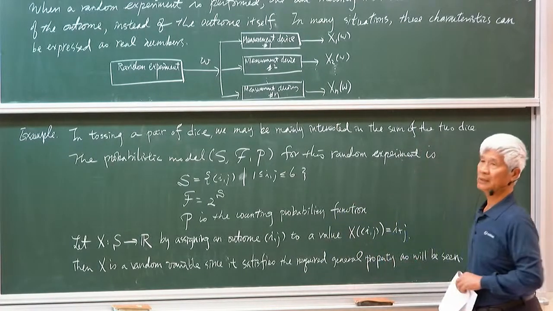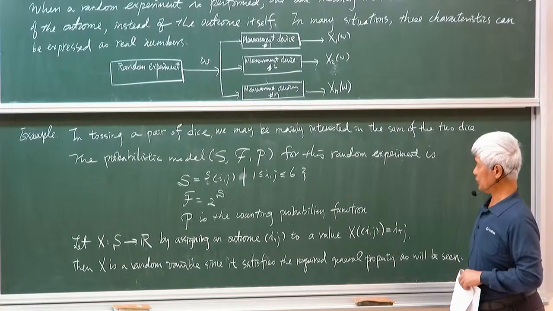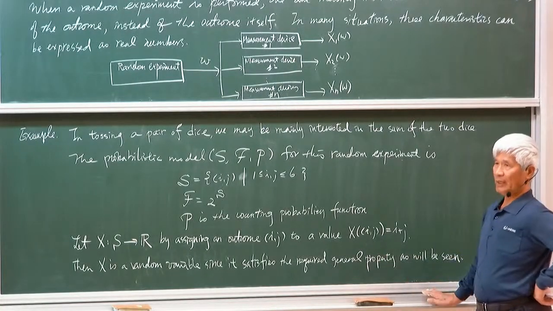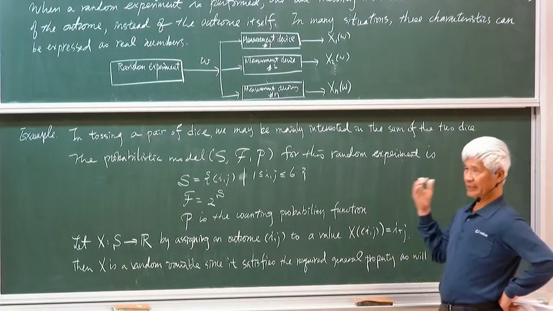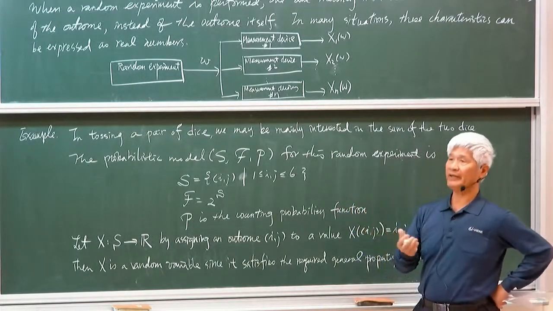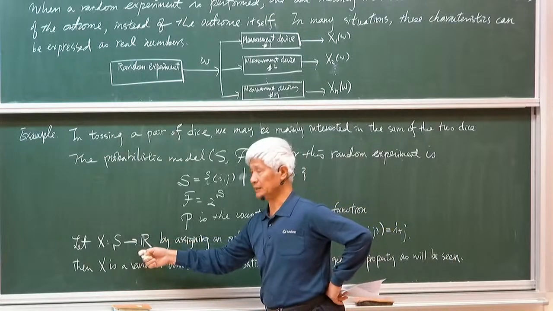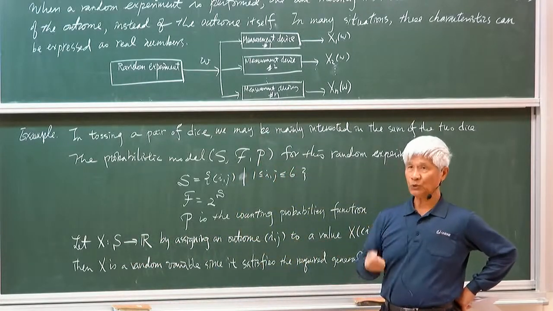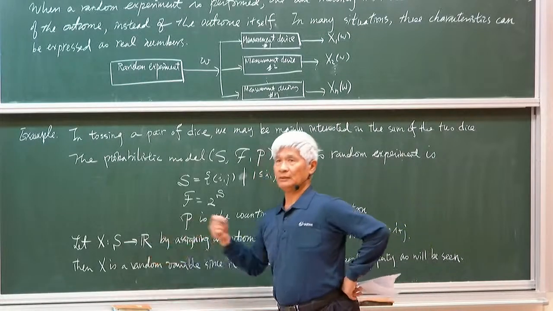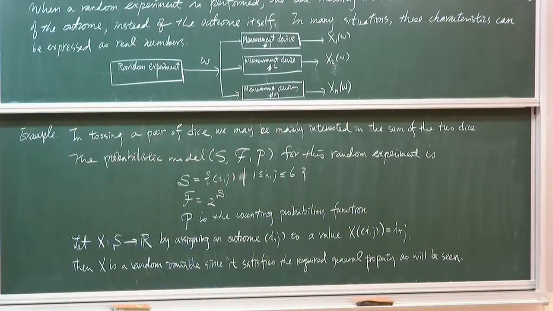So we will show what the required general property is. But basically, a random variable is a real-valued function on the sample space. So the domain is the sample space, and the codomain is the set of all real numbers.